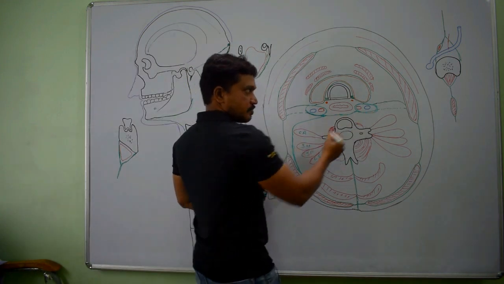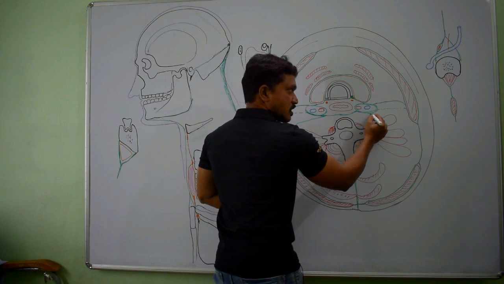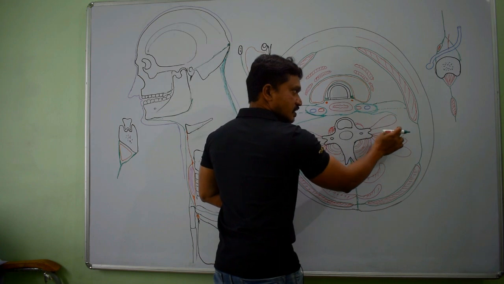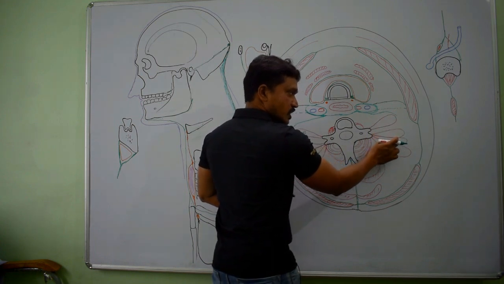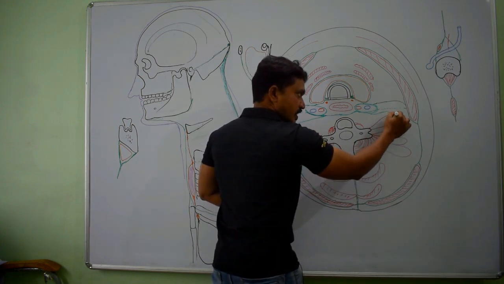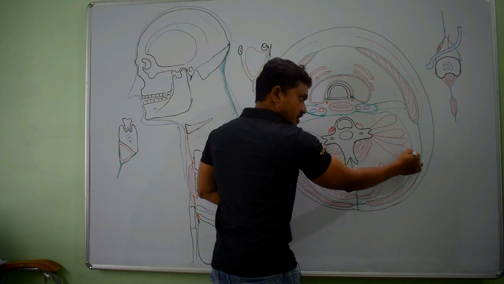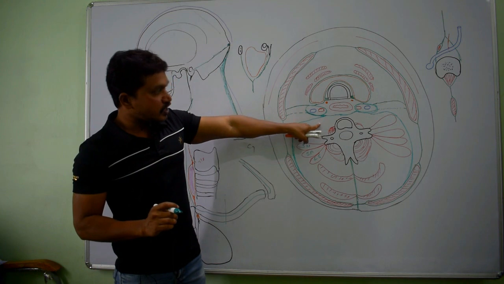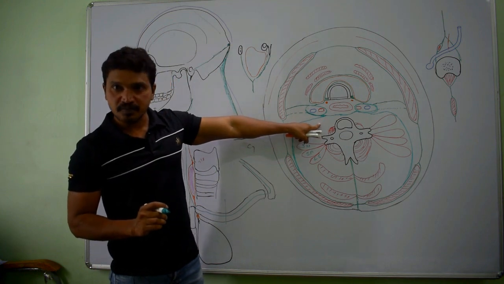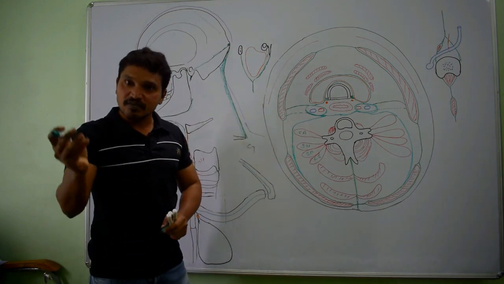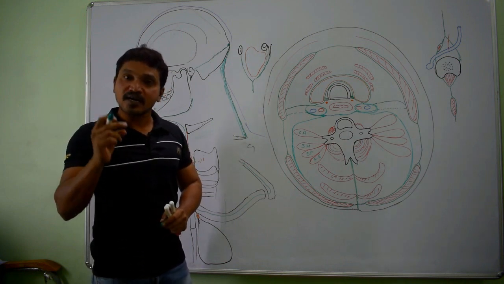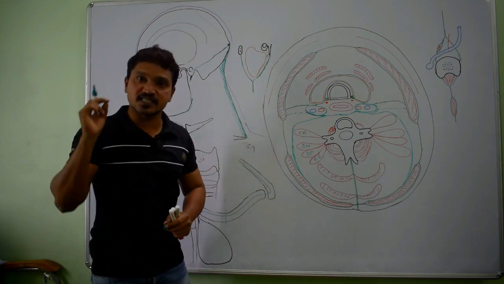If you trace this side, it is giving the fascial process and covering the scalenus anterior, scalenus medius, scalenus posterior, levator scapulae. Then it disappears underneath the trapezius muscle. Then deep to the prevertebral layer, there will be the cervical plexus and brachial plexus, right? And it gives one tubular extension.